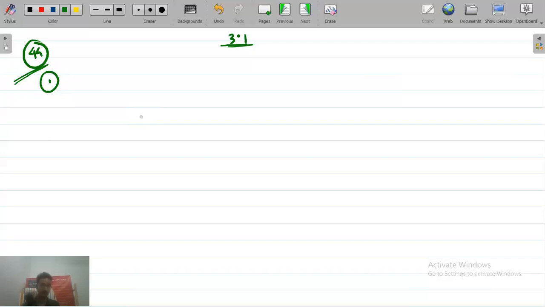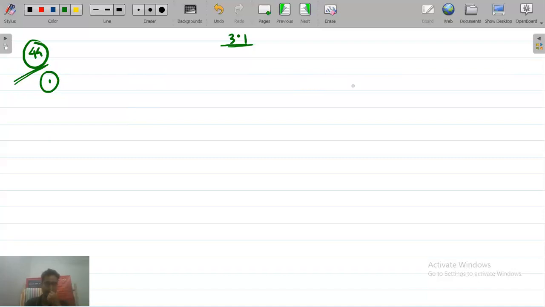Suppose Aftab's present age is x and his daughter's present age is y. Then 7 years ago, what will be the age of Aftab and of his daughter? Let me take one simple example, our genius student Dibjyoti.